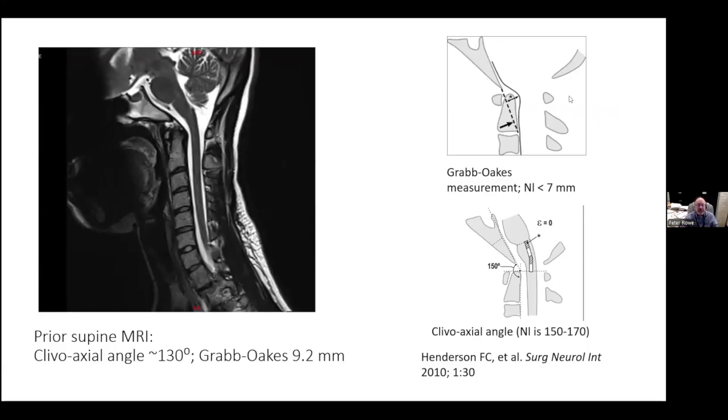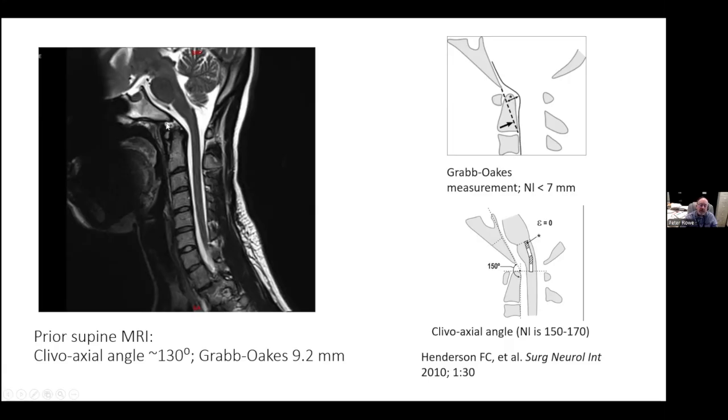So here's this individual's prior supine MRI. Her clivoaxial angle, if you draw this angle here, was 130 degrees. So there's likely a lot of strain as the cord goes through this area. The brainstem is bent forward, and there's a measurement shown on the upper right called the Grabb-Oakes angle, drawn as a line from the clivus down to the back of C2, and you draw a perpendicular and measure the distance between that line and where the tissues end.